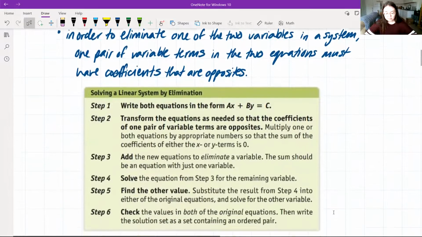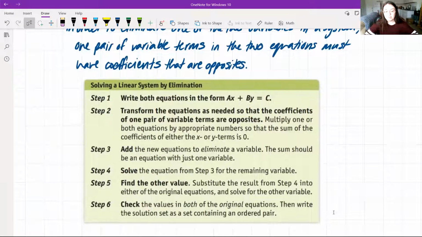So our steps for solving a linear system by elimination: step 1, we want to write both equations in the form of ax plus by is equal to c. So we want to make sure that both equations are in standard form. Then we want to transform the equations as needed so that the coefficients of one pair of variable terms are opposites. Multiply one or both equations by appropriate numbers so that the sum of the coefficients of either the x or y terms is 0.